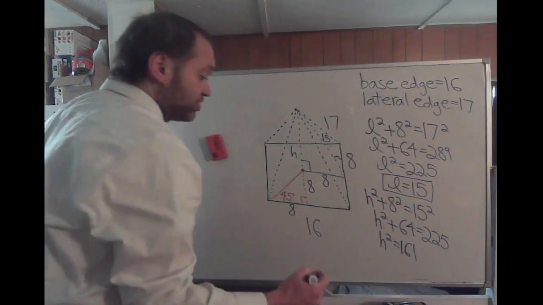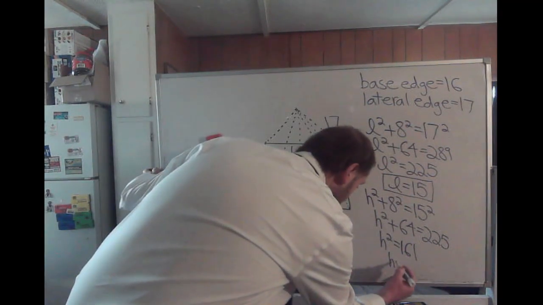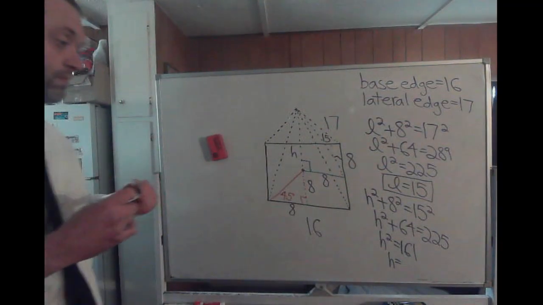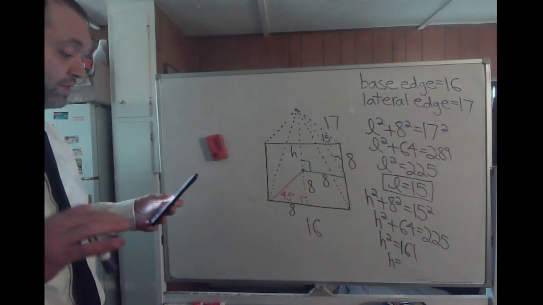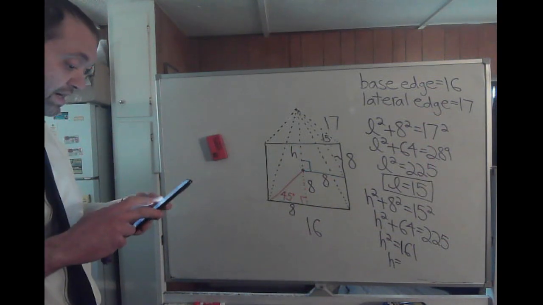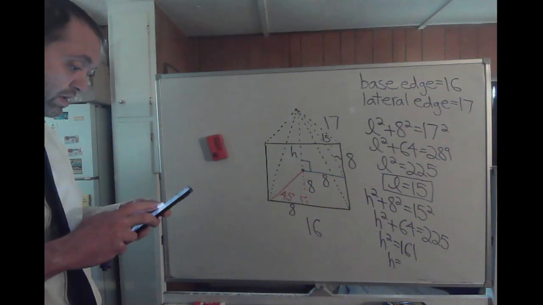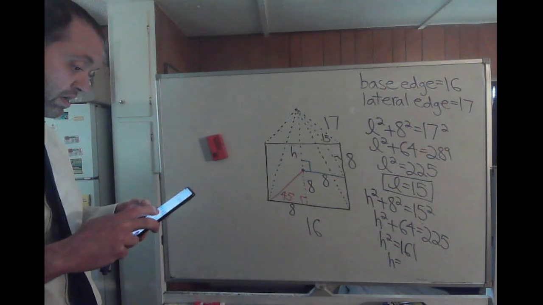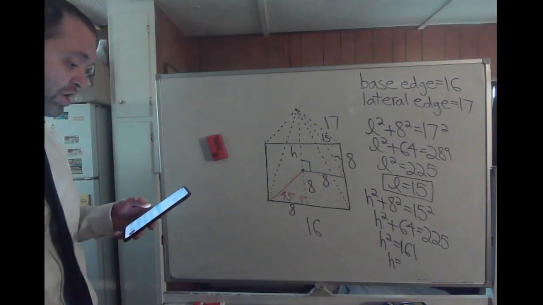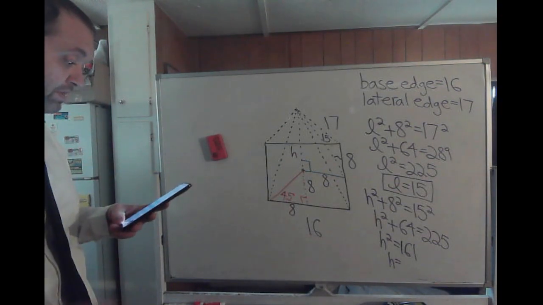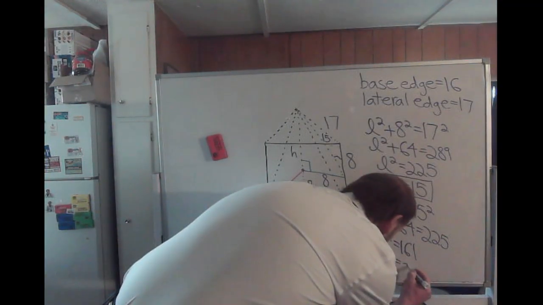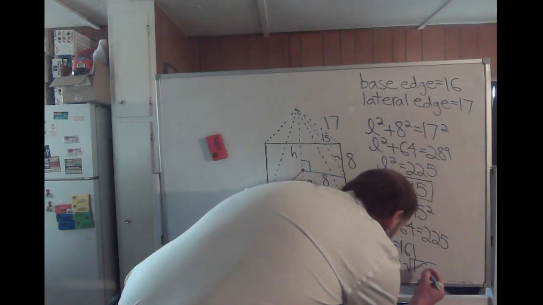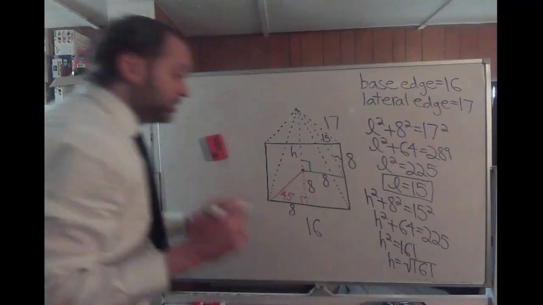So now we've got to try to find the square root of 161. Which, I know it's not a perfect square, I do know that much, but does it break down into anything? Nope. Well, that gives you a height for this pyramid of the square root of 161 units.